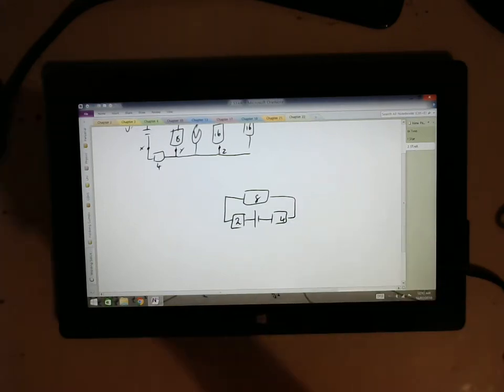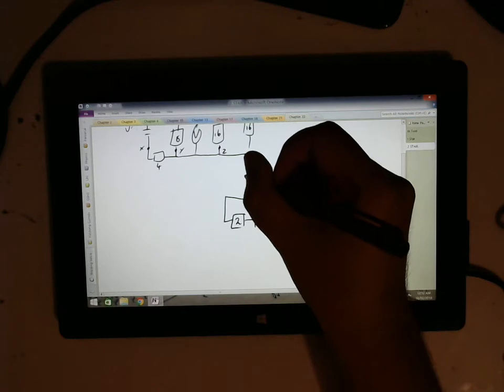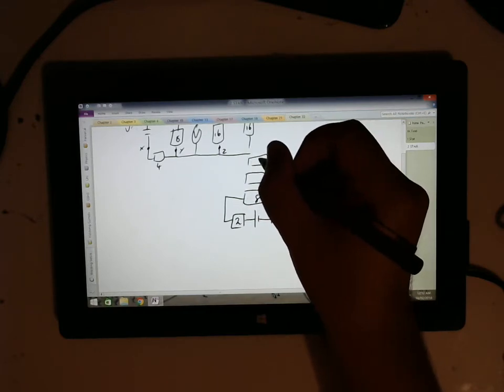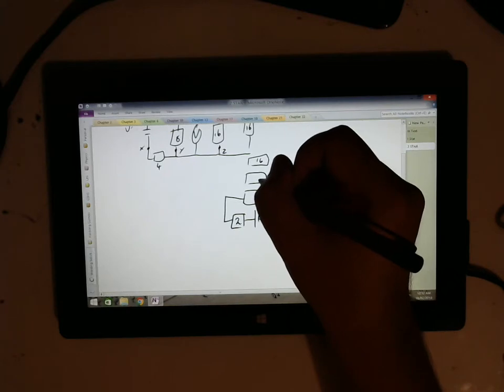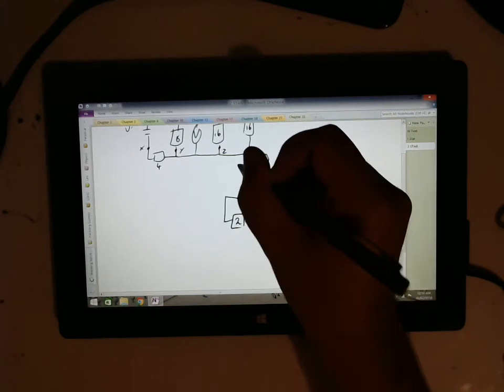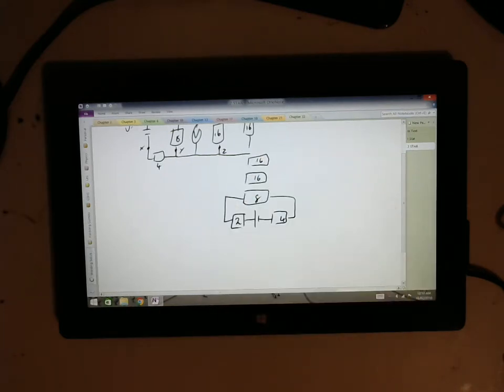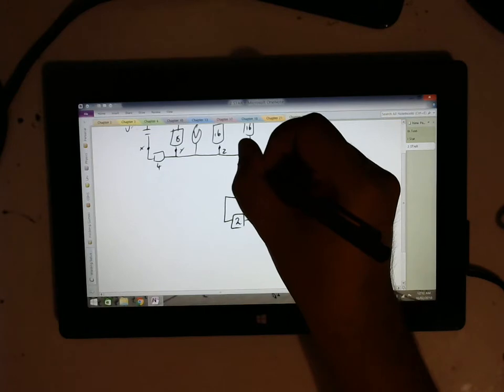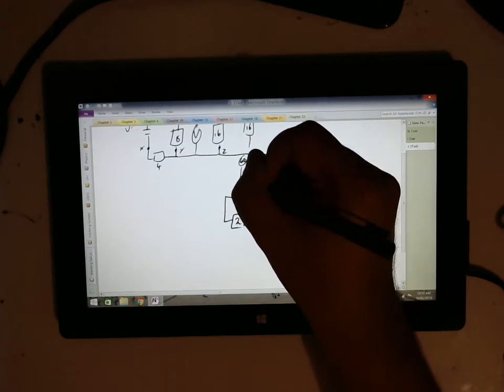If we look at our other 2 resistors, they are in parallel with this 8, so let's draw those in. 16 and 16, and I know that there is 4 amps of current leading into this first 16.